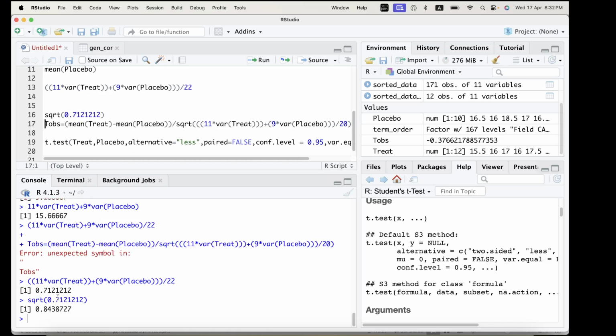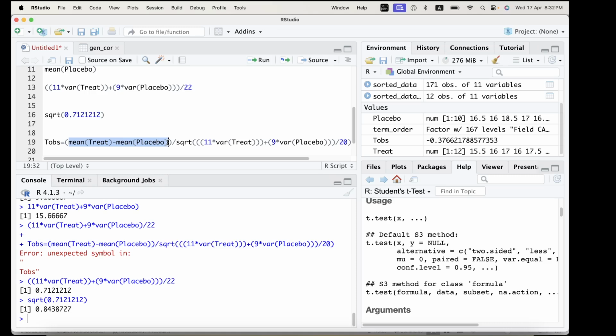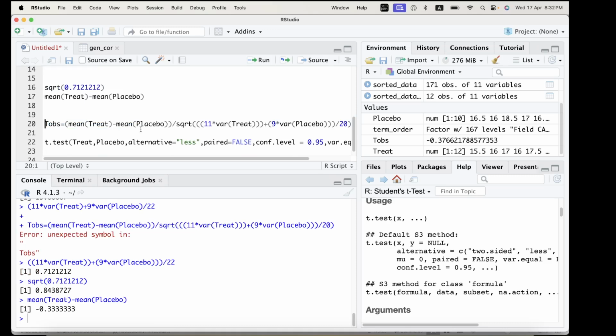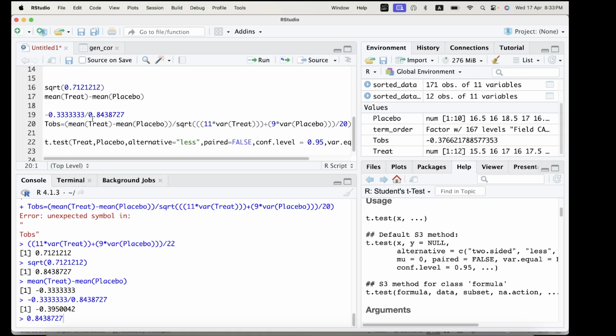So if I do a square root of this thing, then what do I get? 0.84. Then mean of this minus mean of this, how much? This is this thing, so I'll do this divided by this thing. Again, I'm not getting this value. Please try it out.